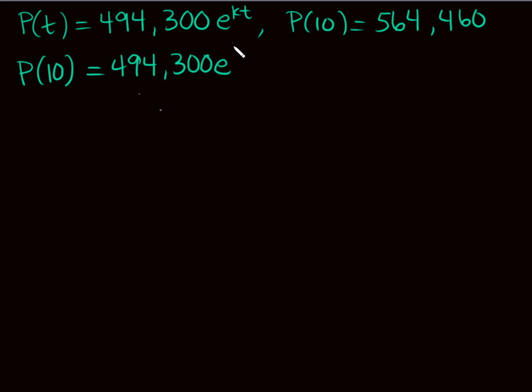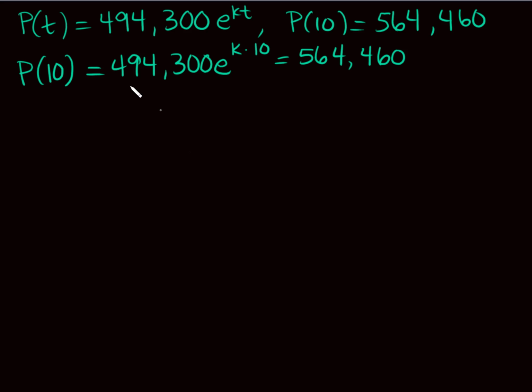I'm going to plug that 10 in, so I have e to the k times 10, because when t is 10, the function spits out 564,460. I'm trying to multitask, putting this into my calculator while I'm talking to my computer. They give us that piece of information so I can actually figure this out.